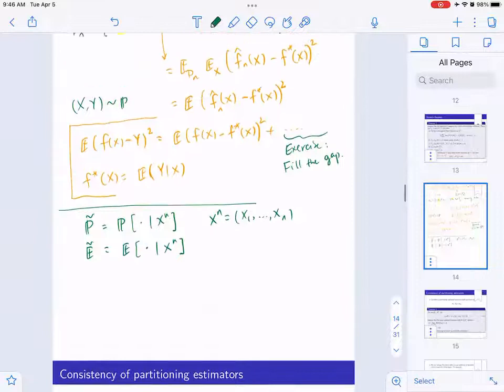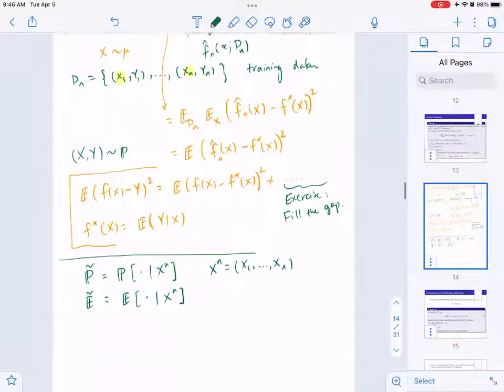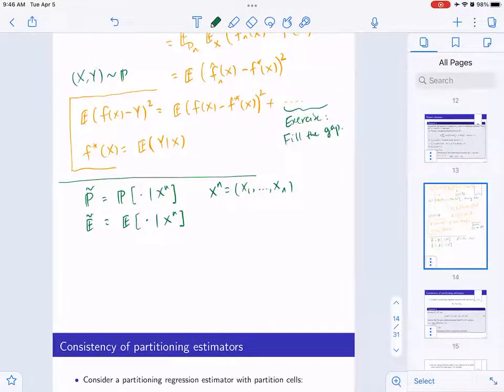So the strategy is to first note that I can do something like this. This is the conditional expectation of f hat n x minus f star x squared.